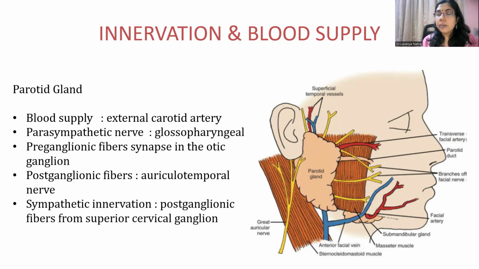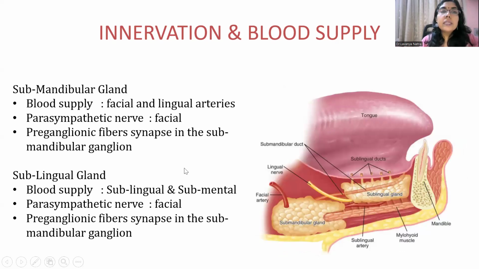So all three glands have a common sympathetic innervation. Only the parasympathetic differs. So the submandibular gland, again, the blood supply is from the facial and the lingual arteries. As you can see in this picture, facial and lingual arteries will supply the submandibular gland. And the parasympathetic nerve here is the facial nerve. And the preganglionic fibers synapse in the submandibular ganglion.